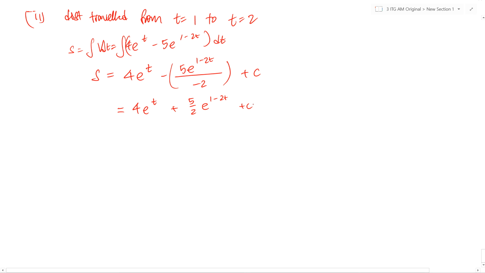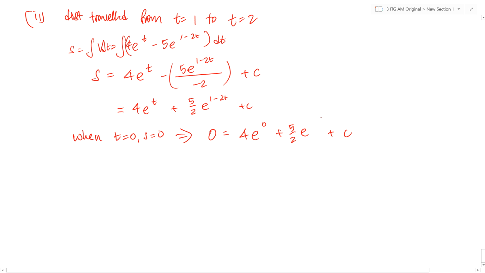When t equals 0, s equals 0. Okay, this is where we have a case when c is no longer going to be 0. Substitute in: 0 equals 4 times e^0, which does not give us 0, plus 5 over 2 e^1 plus c. Okay, power 1 don't need to write.